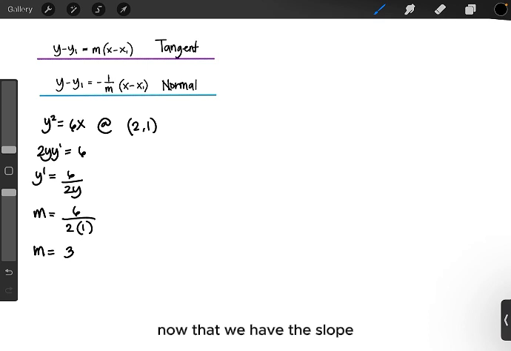Now that we have the slope, we can now use the formulas in finding the tangent and normal lines.